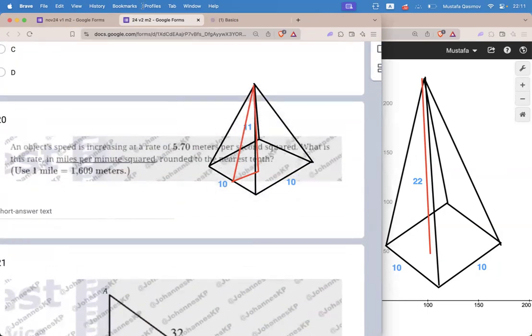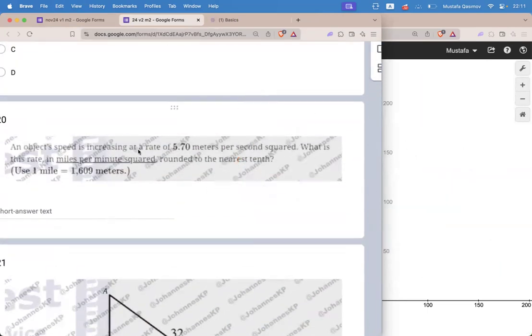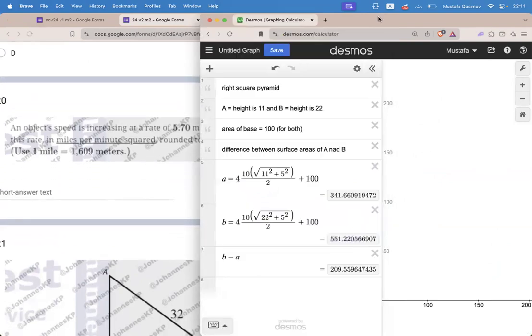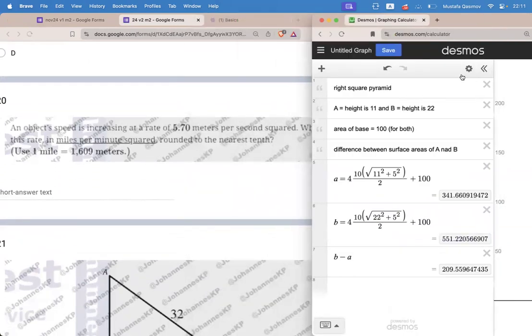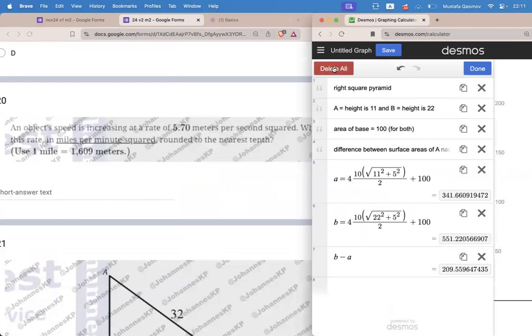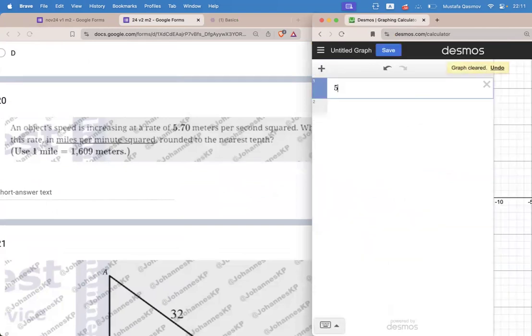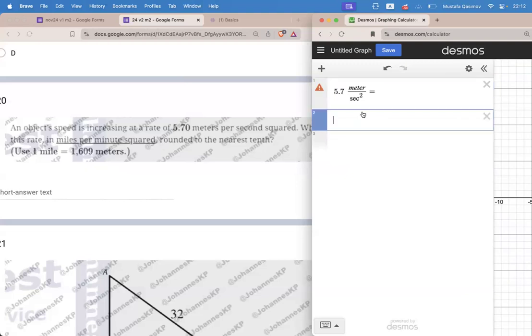Okay, for 20, we have 5.7 meters per second squared. We have to convert that to miles per minute squared. So we have to convert 1 meter to miles.